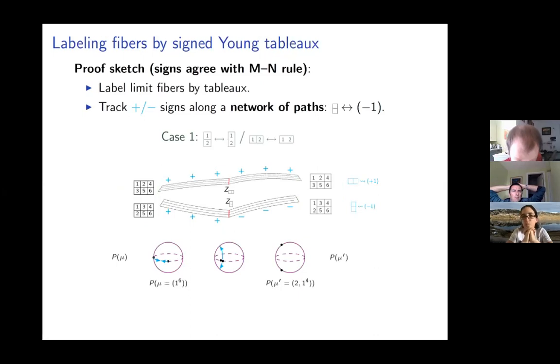So here I've drawn, there's 2 cases we have to look at. Here I've drawn the case where the box number 1 and the box number 2 get joined together into a vertical or horizontal domino. That corresponds to saying that T1 and T2 are starting out as real numbers, and then we're passing to T1 equals T2, and then T1 equals T2 bar, complex numbers.